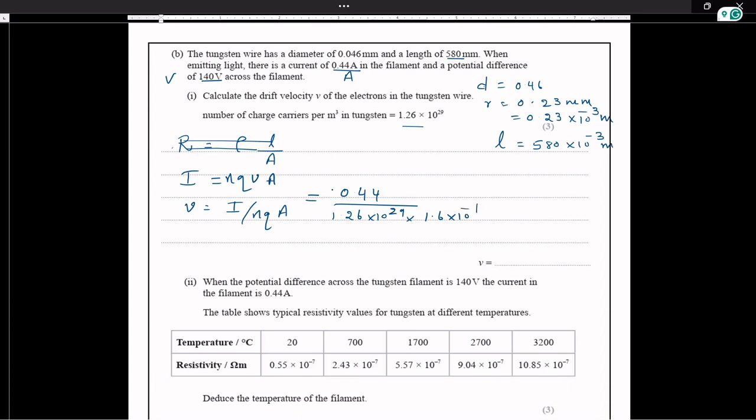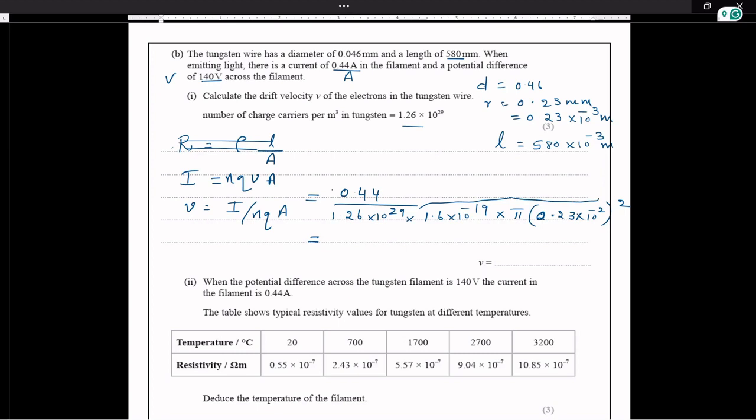This is the third question we are doing in this video. Now the area is pi times the radius, 0.23 times 10 to the power of minus 3, the whole squared.